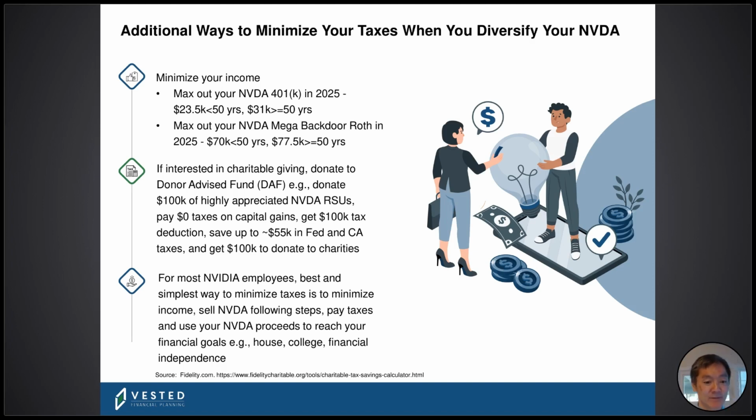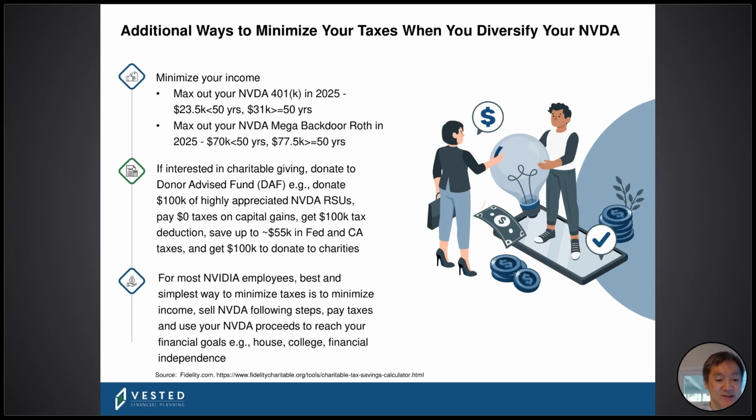So for example, if you donate $100,000 of highly appreciated NVIDIA, either RSUs or ESPP, okay, that just means they have long-term cap gains. You donate that to the DAF. Okay, you don't pay any taxes on the gains, so that's great. You also get a $100,000 tax deduction.